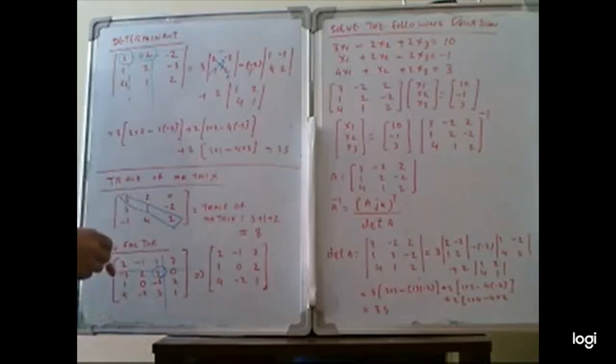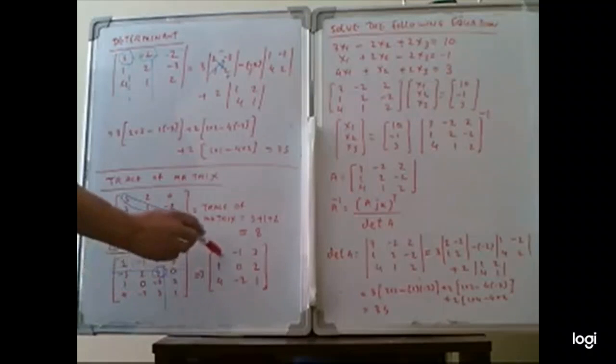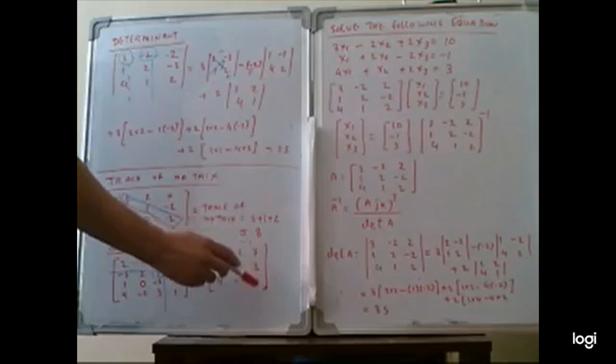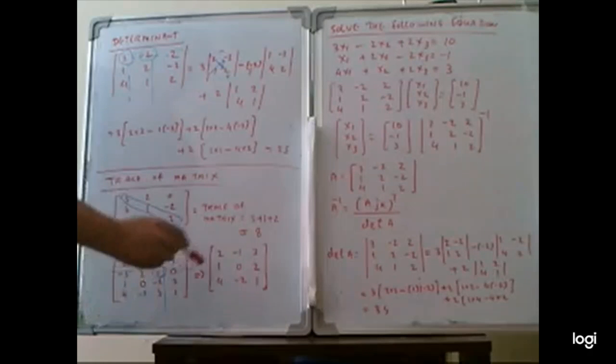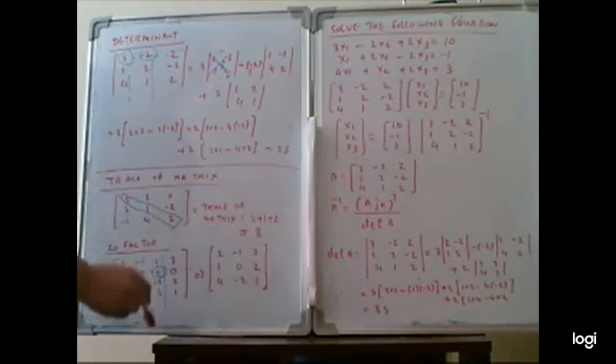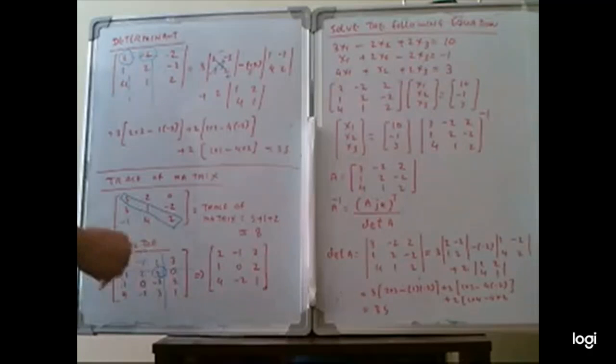So the cofactor of the 5 is 2, 1, 4, minus 1, 0, minus 2, 3, 2, 1. The contents of the whole row and the whole column that pass through the 5 need to be neglected, and you only write the other things. So this is the cofactor.